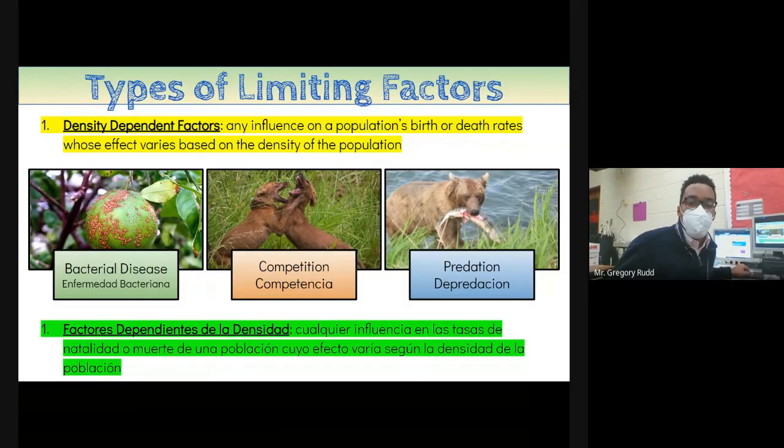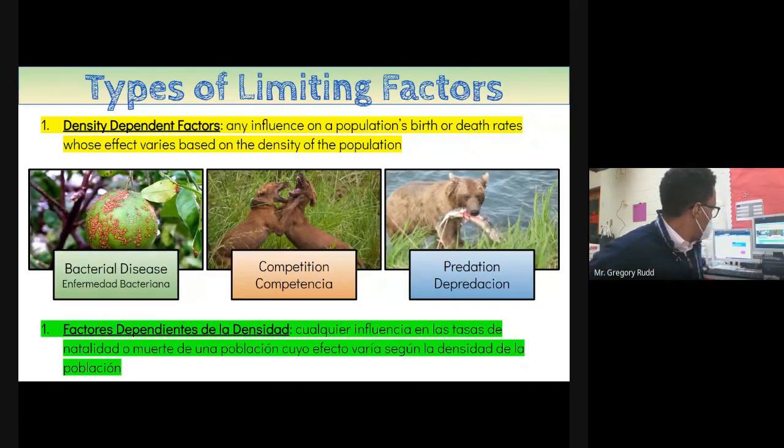Try to make some connections between what we're talking about today and something that we talked about in the past. Density, yes.